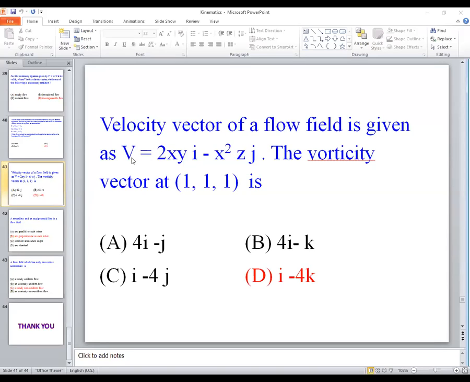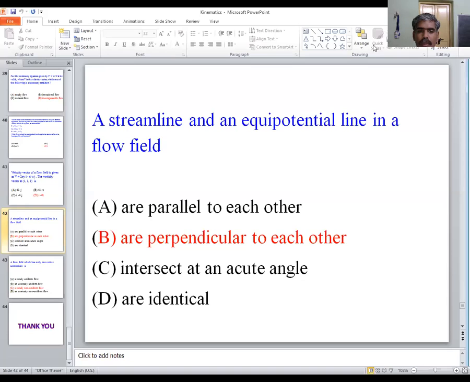That is the answer. The problem given is u equal to 2xy, so the minus is not there. Initially I took minus, so with the correct equation the answer is i minus 4k.